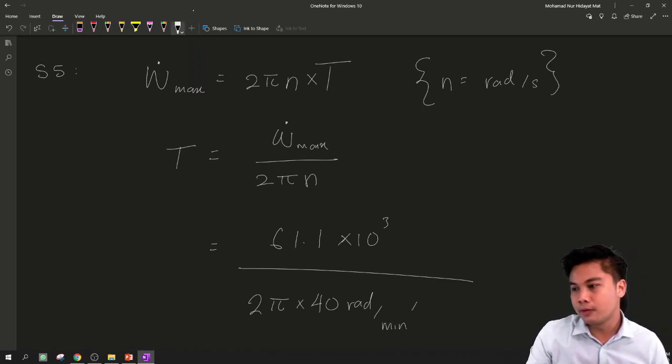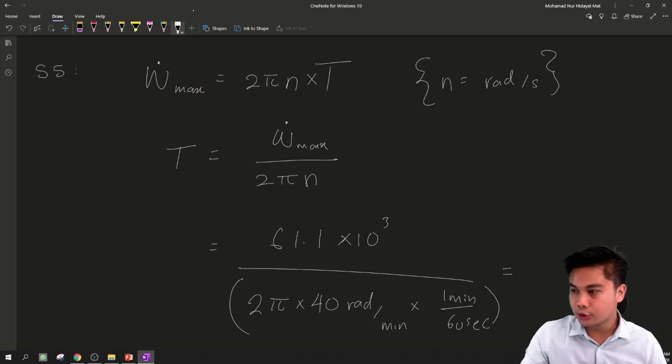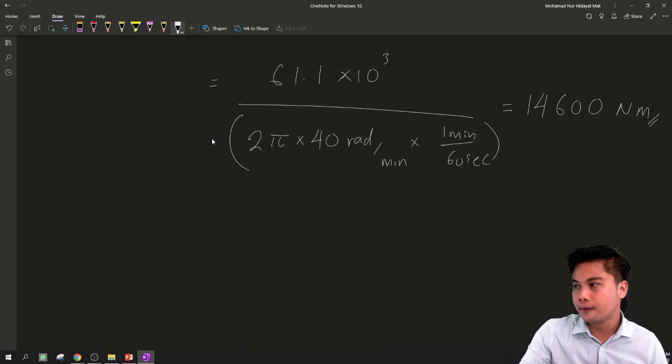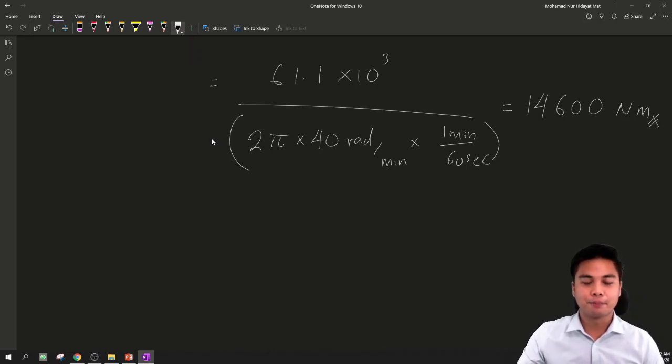We need to convert this: 1 minute is 60 seconds. You solve this, and finally you will get the answer: 14,600 Newton meters of maximum torque. That's it.